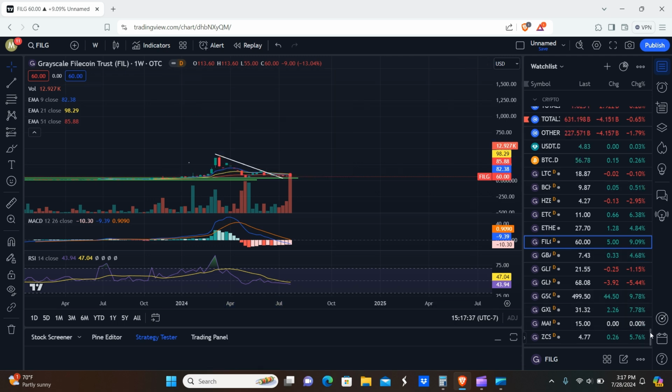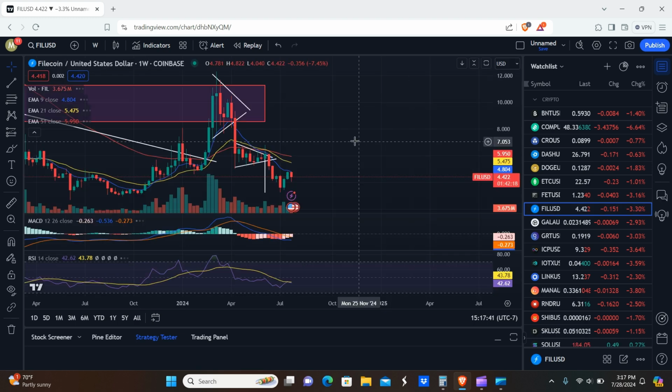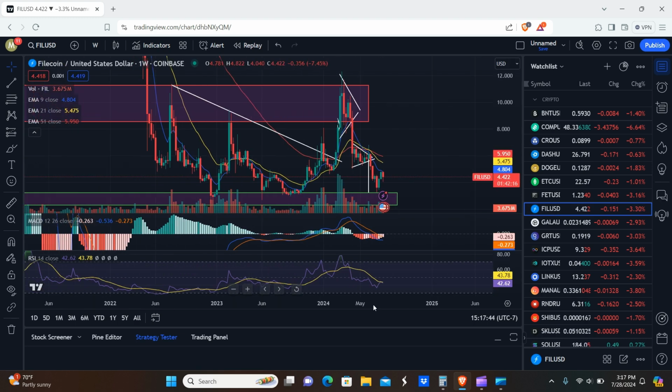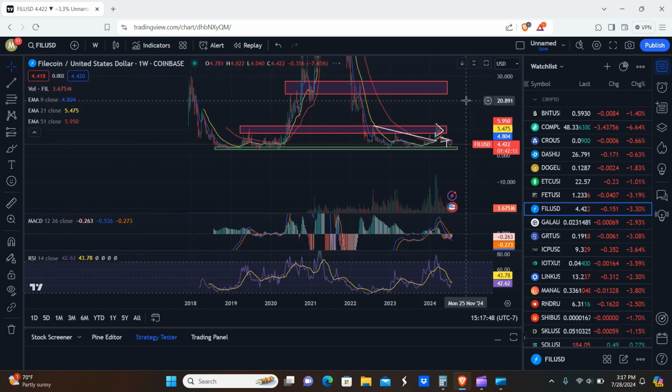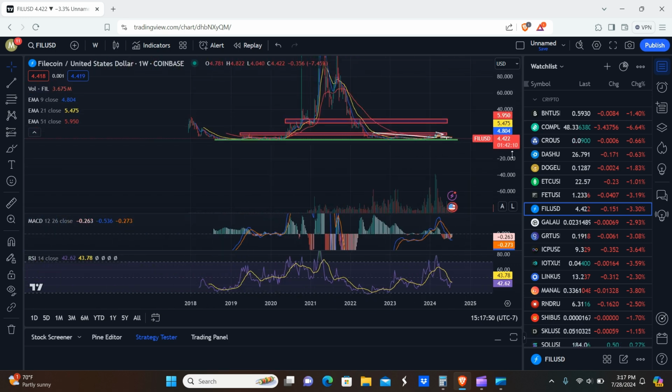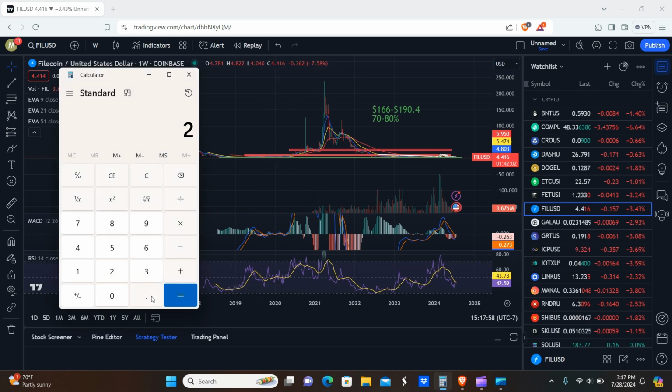on PhilG. And I'm going to also go over Filecoin just to show you guys just how insane the potential returns here could be on Filecoin, because Filecoin really hasn't even moved. So there's really no telling just how far PhilG could go. You guys can see the all-time high was at $238 and the current price is only at $4.41.